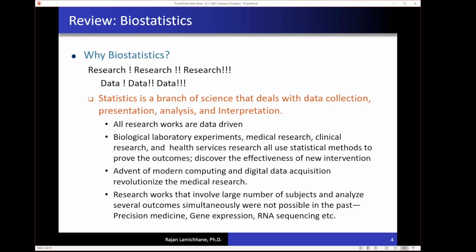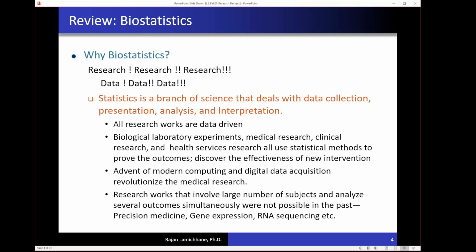And nowadays, as I said, all research works are data driven, and no matter what kind of research you do, you always need this statistical method to prove or disprove your hypothesis. And without a hypothesis, it's really hard to justify any claim. In the past, the field of statistics was not very popular.